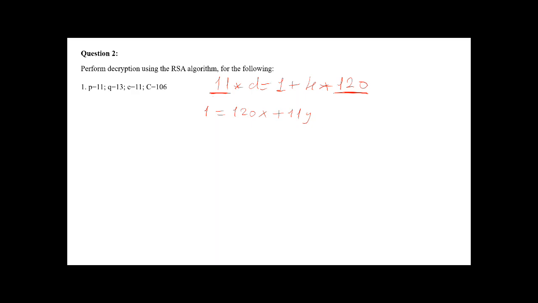Let's just give you an overview of what this equation technically is. This kind of equation is called a Diophantine equation. A Diophantine equation is an equation with two or more unknowns. In our case, it will always be two unknowns, and this equation may have more than one solution.